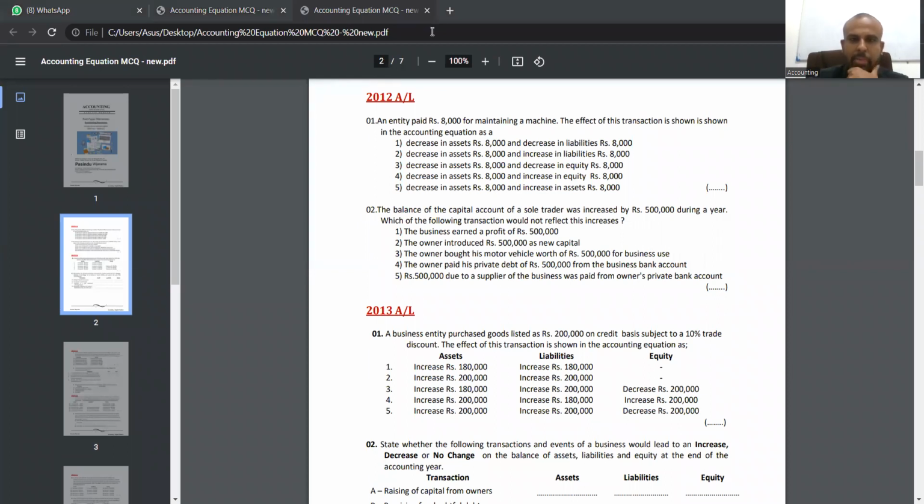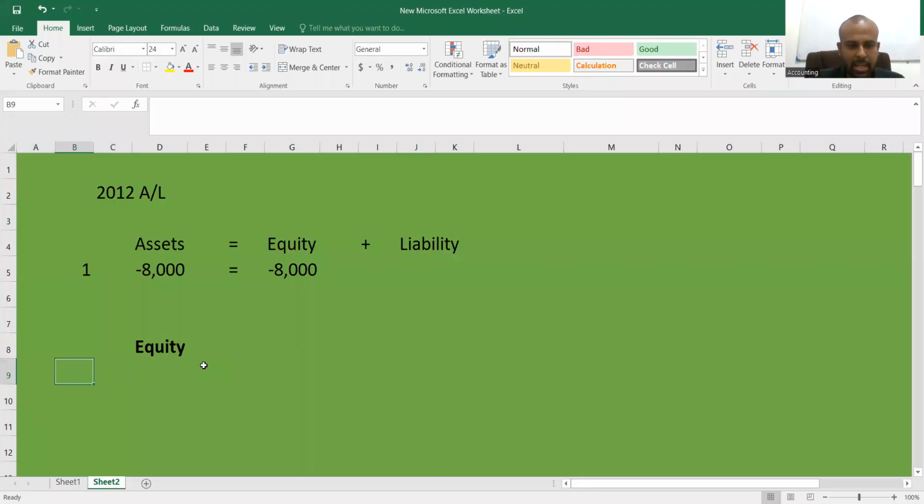Okay, we'll see, Putha. What does it say? They're asking why the equity balance would increase. There are only two reasons to increase the equity balance. One is additional capital. The other one is profit or income.